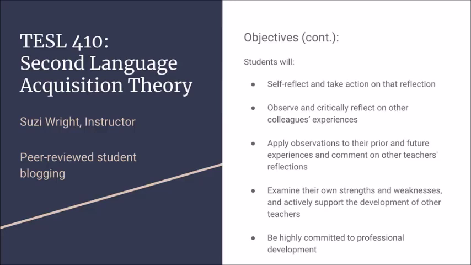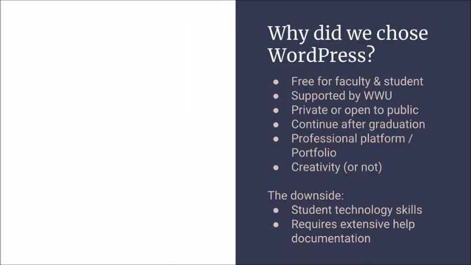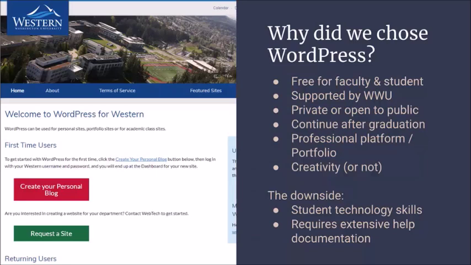But basically it focuses on self-reflection and observing and reflecting on your colleagues' experiences, trying to apply them to your own teaching experiences, your own learning experiences, identifying your own strengths and weaknesses, while maintaining a professional attitude towards teaching.